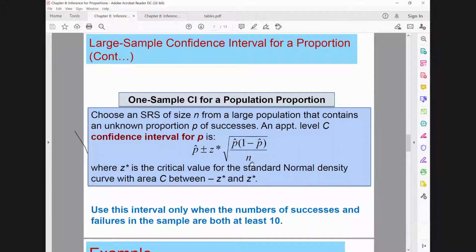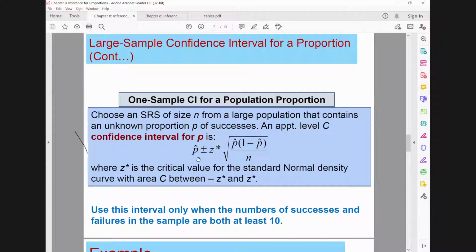So we can estimate p thanks to p hat and the confidence level requested. It's an easy formula.